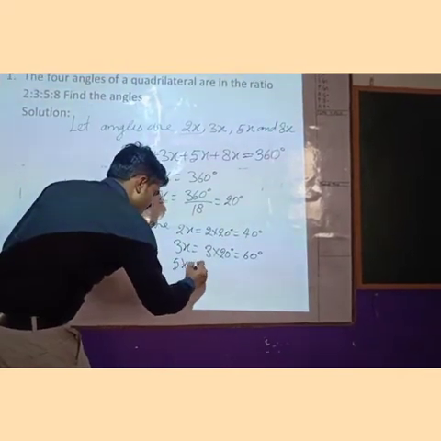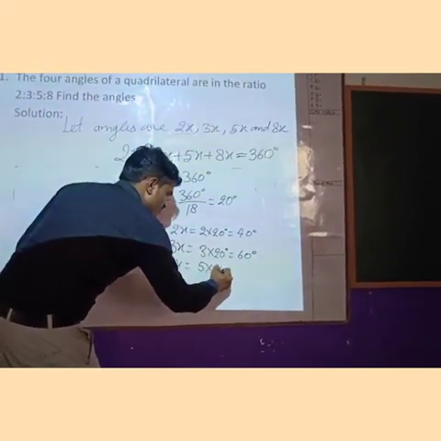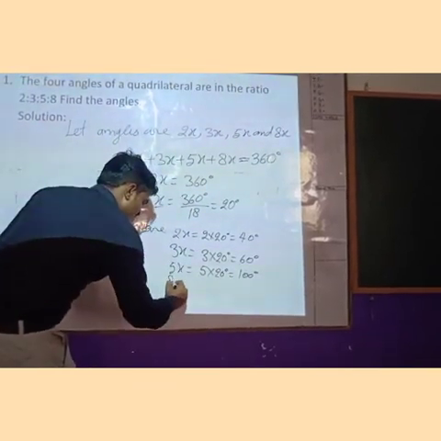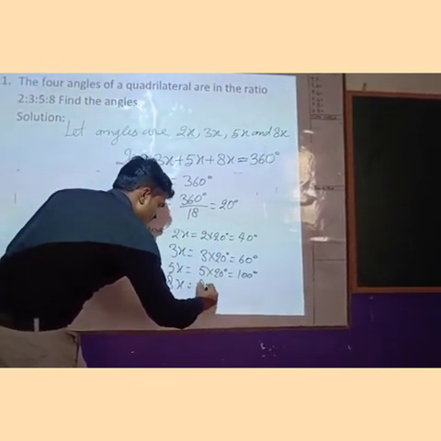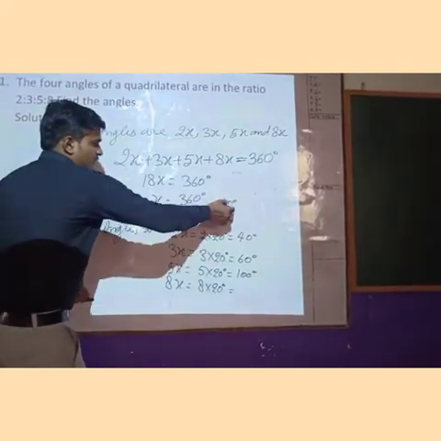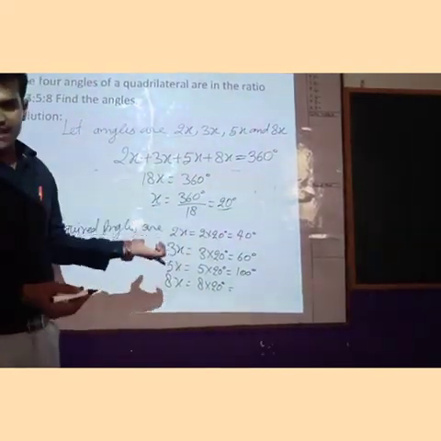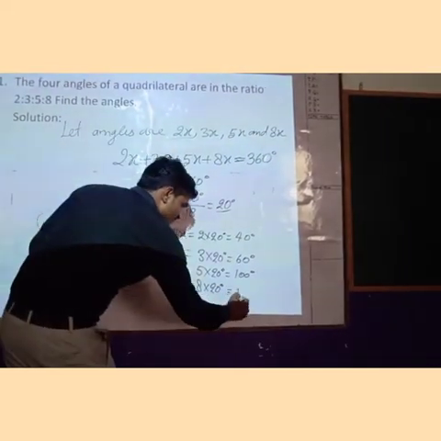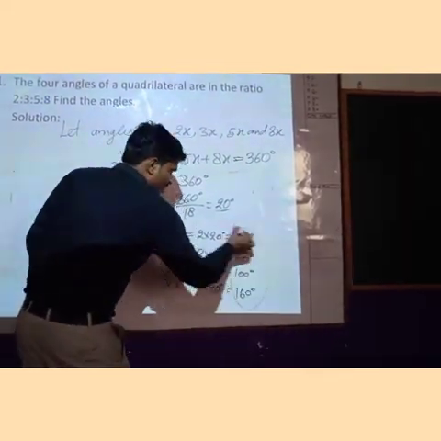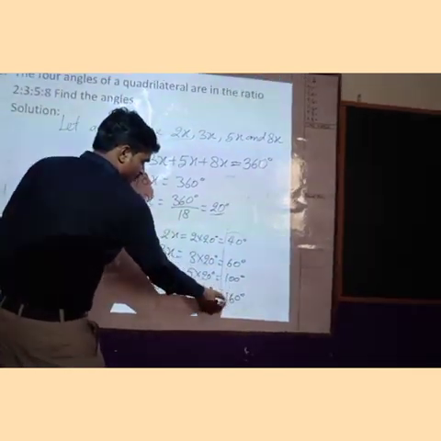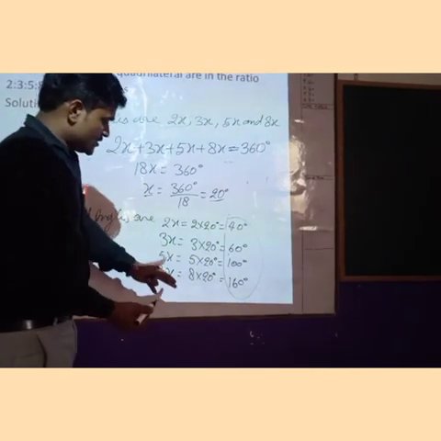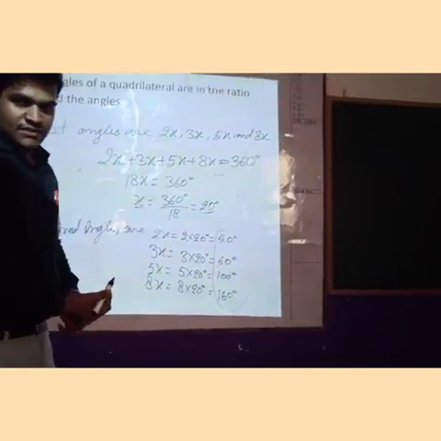Now 5x, so 5 multiplied by 20 degree is equal to 100 degree. Now 8x, that is 8 multiplied by 20 degree, replacing x by 20 because we got the value of x as 20. So the required angles are 40 degree, 60 degree, 100 degree and 160 degree. When you add them, you will get 360 degree.